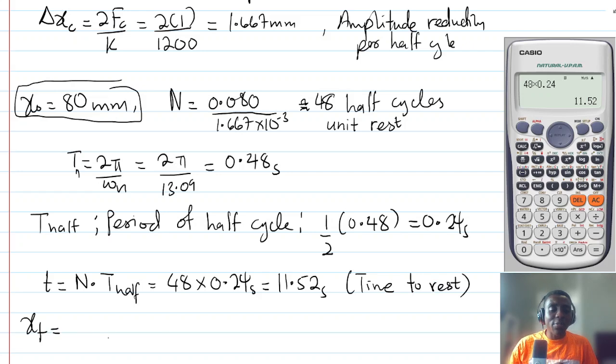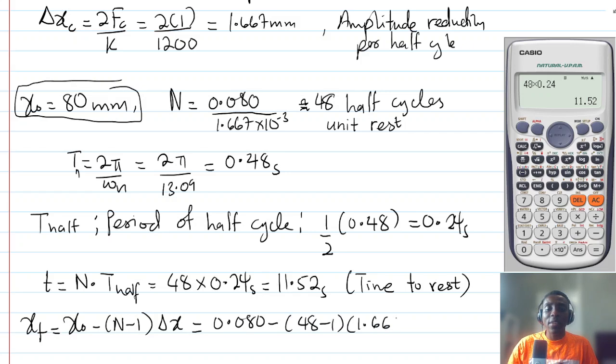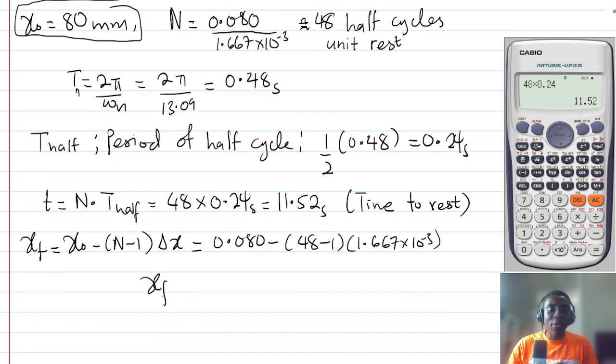So to get the final displacement, the formula is given by xf equals x naught minus (n minus 1) multiplied by the change in displacement, which is 0.080 minus (48 minus 1) multiplied by 1.667 times 10 to the power minus 3. Okay, and this will give us the final displacement.